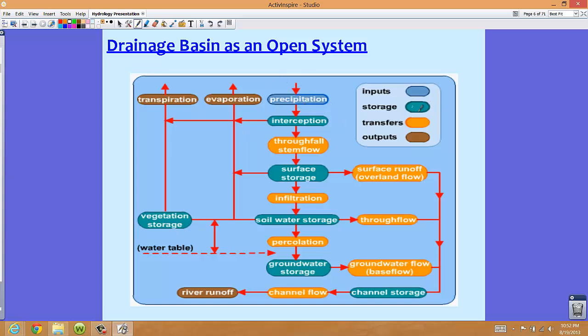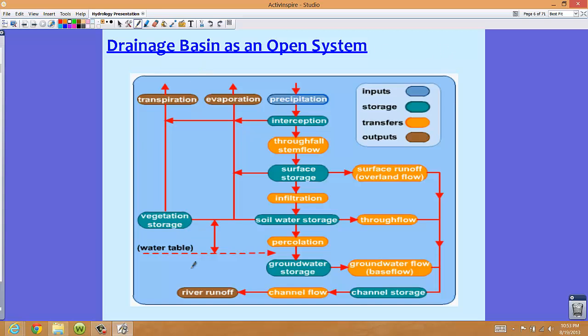This greenish color, these are your stores. So these are all places where water is actually stored, either on the ground or below it. Transfers, these are your flows. So anything in orange, this is where water is actually being moved from one place to another. And your outputs are this brownish color. This is where water now leaves this particular part.